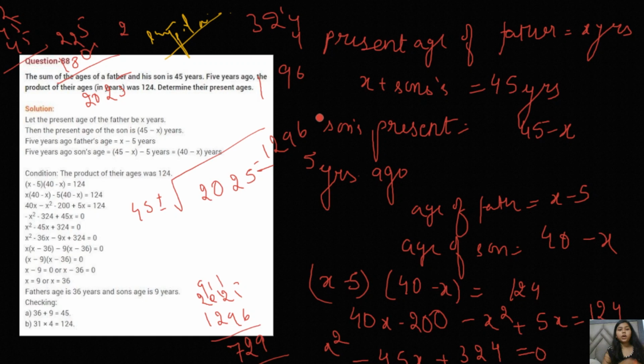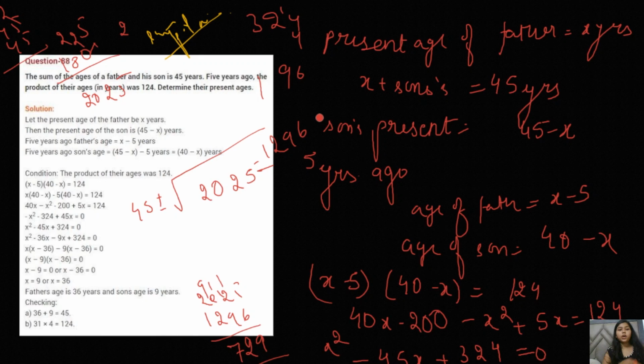After getting this, divided by 2, it will be 45 plus minus root over 729, divided by 2. Is 729 a perfect square? Yes, it is the square of 27.